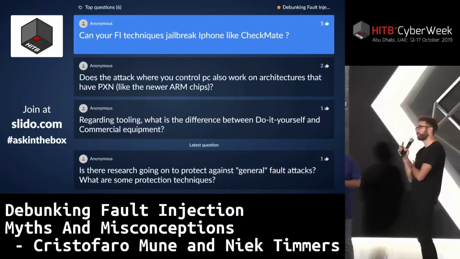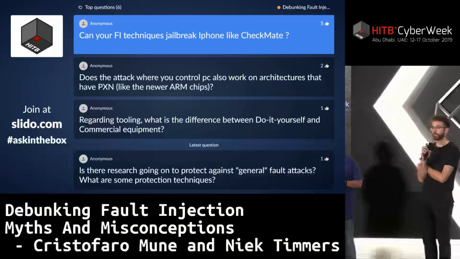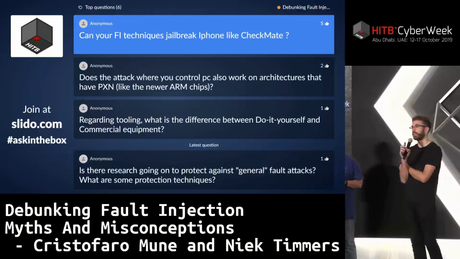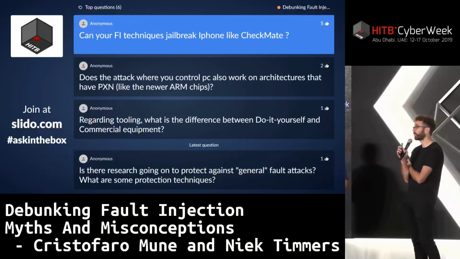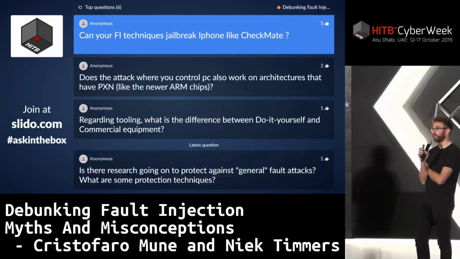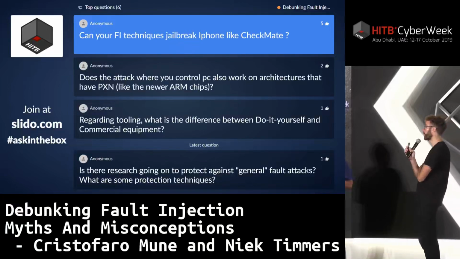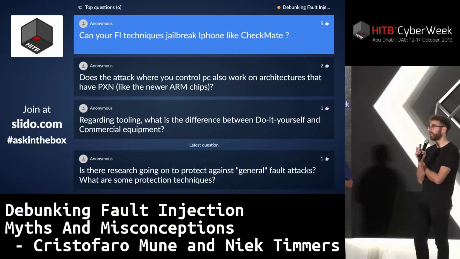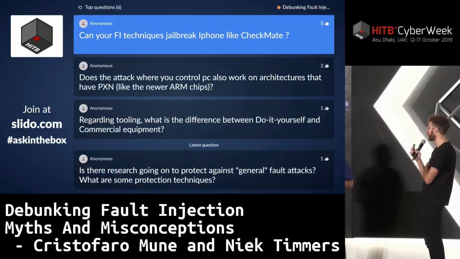If it is, checkm8 relies on a software vulnerability in order to jailbreak the iPhone. And these types of software vulnerabilities are exactly what you can inject using fault injection. Typically, what we like to say is you can actually create your own software vulnerability. For example, you can bypass a check somewhere, or change an instruction, which manifests itself like having a software vulnerability in, for example, the boot ROM or another stage executed early, which is required for a jailbreak.